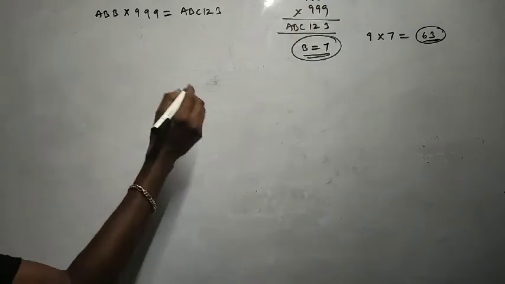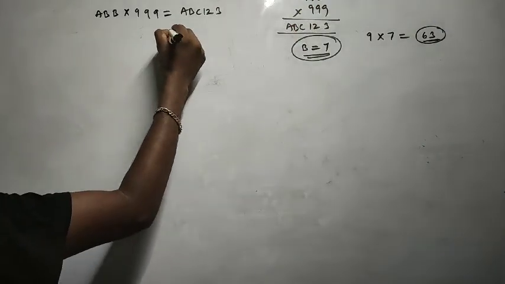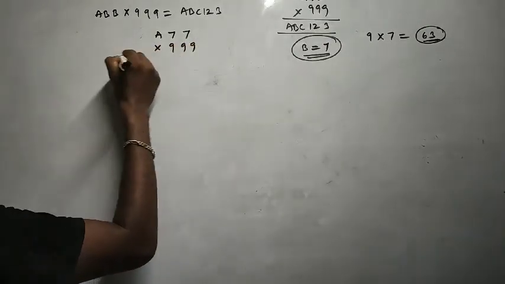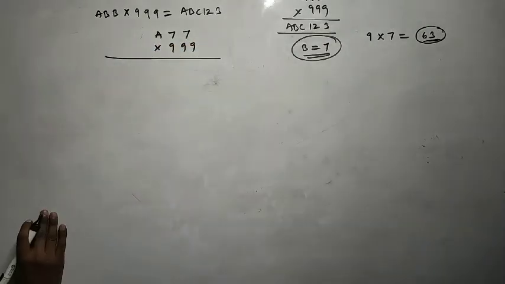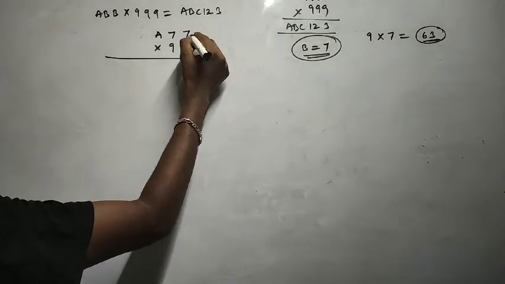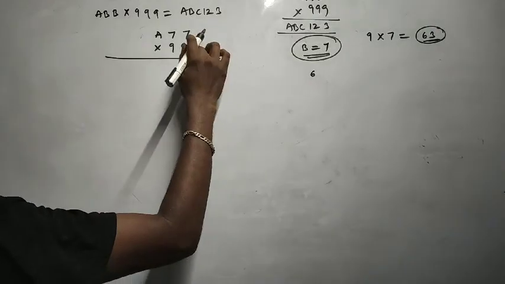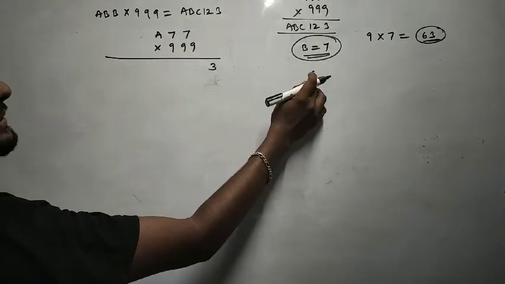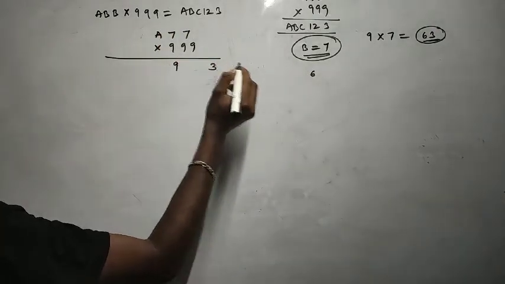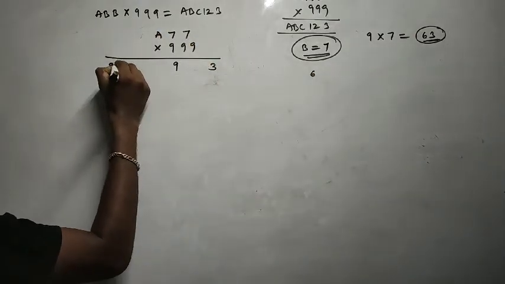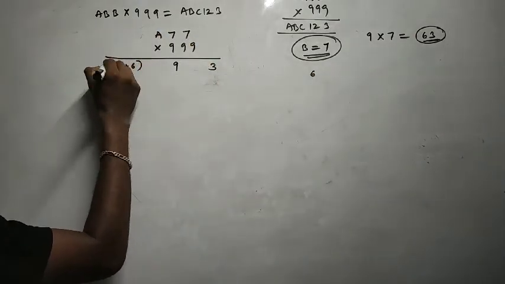Simple. I write A77 into 999. Start multiplying: 9 sevens are 63, 6 carry. 63 plus 6 is 69, 6 carry. 9 into A, 9A plus 6. 9A plus 6 is a single number.